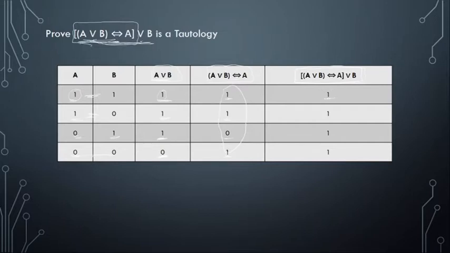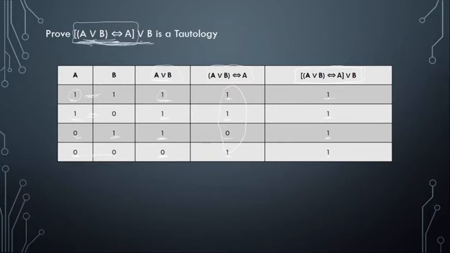Then 1 or 0, so 1 or 0 equals 1 again. Then 0 or 1, then 1 again. Then 1 or 0, 1 again. So this proposition proves that it is a tautology.